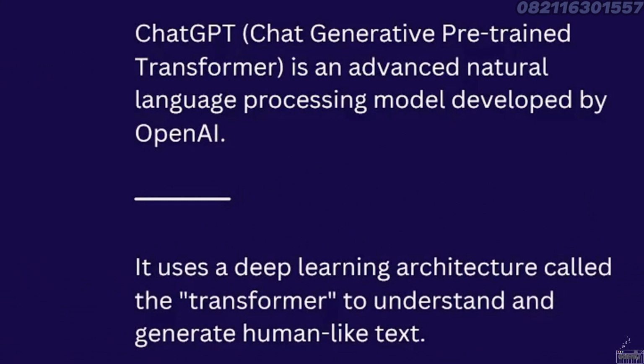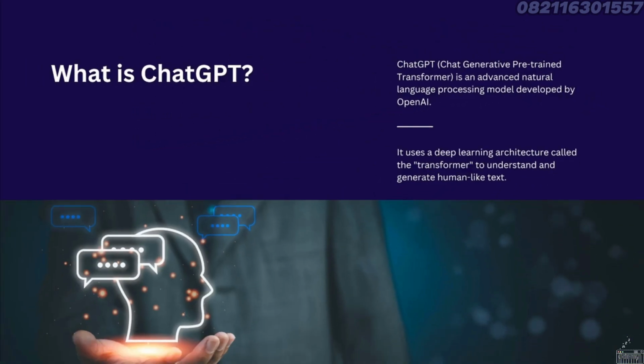It utilizes a deep learning architecture known as the transformer. Transformer is the heart, the core of ChatGPT. To comprehend and generate human-like text, it uses this transformer that we will analyze. This transformer makes it a powerful tool for a wide range of applications.